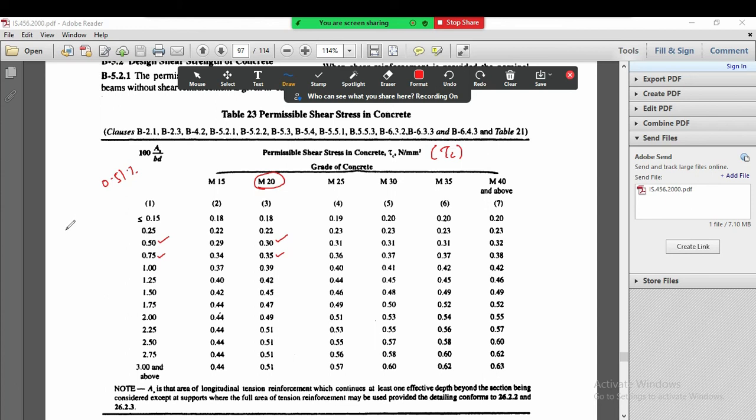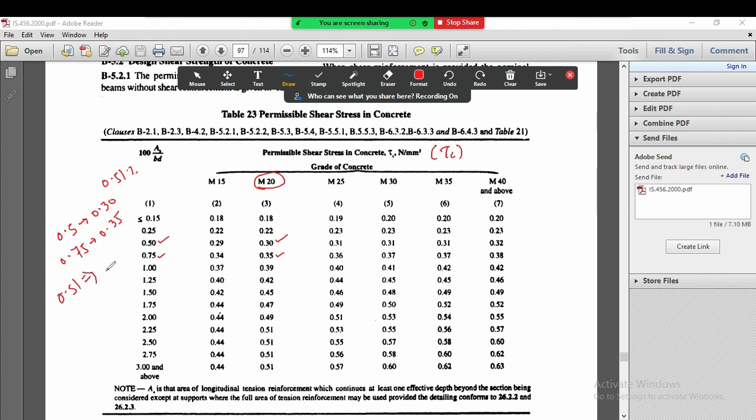Okay, so here we can write for 0.5 the value is 0.30, 0.75 the value is 0.35. Okay, so now calculate it for 0.51.